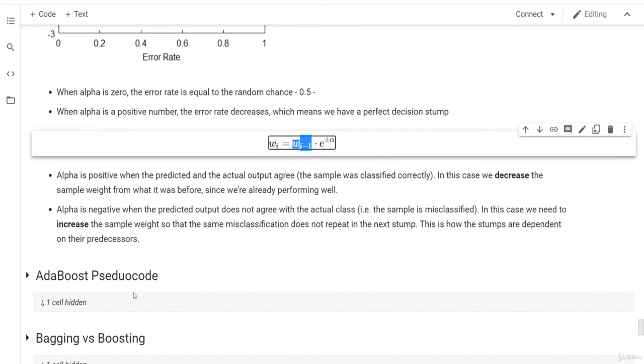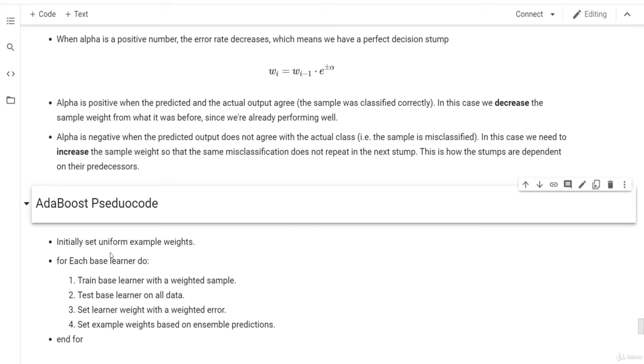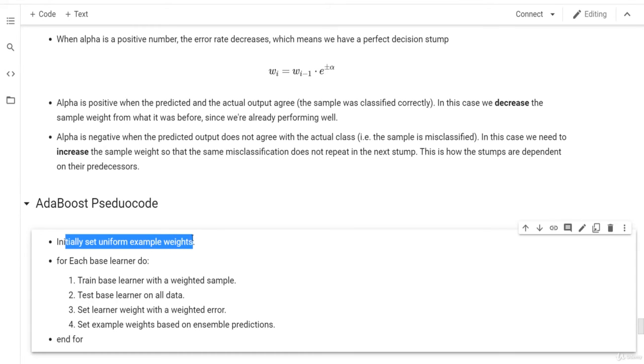So now let's look at the AdaBoost pseudocode. This is basically how the algorithm works again. We initially set uniform example weights, and for each base learner, by base learner here we mean decision stump, for example, we train the base learner with a weighted sample.